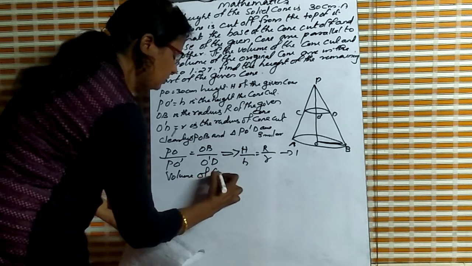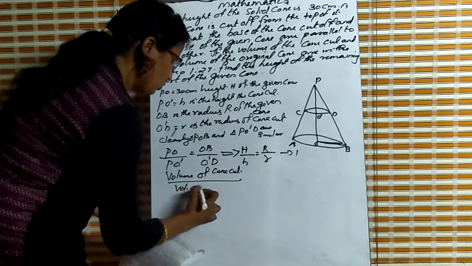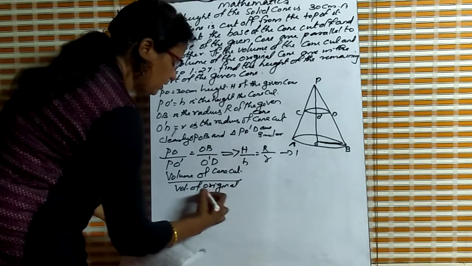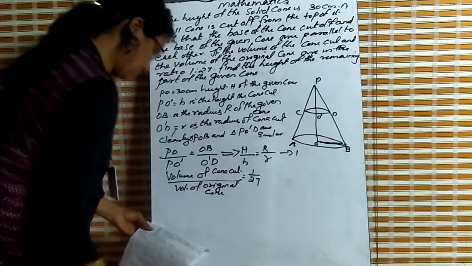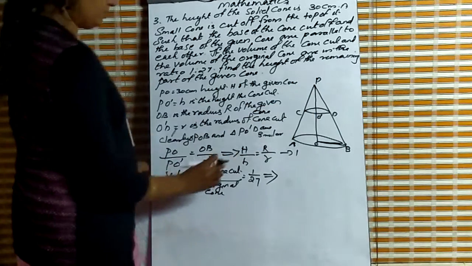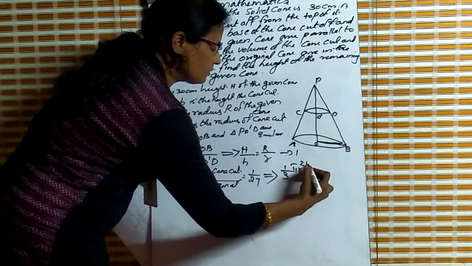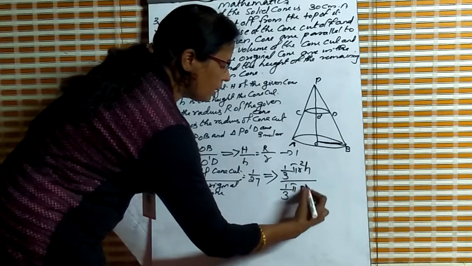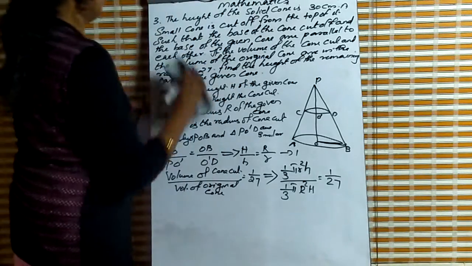Then given volume of cone cut divided by volume of original cone is equal to 1/27. What is the volume of the cone cut off, small radius? 1/3 pi r square small h divided by 1/3 pi capital R square capital H is equal to 1/27.